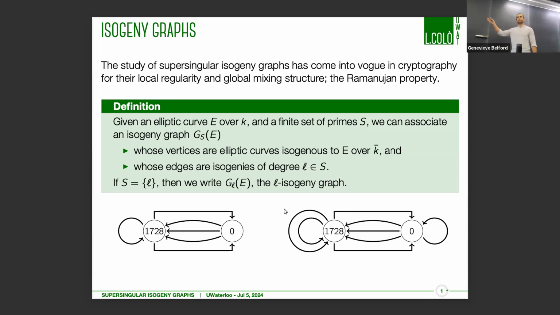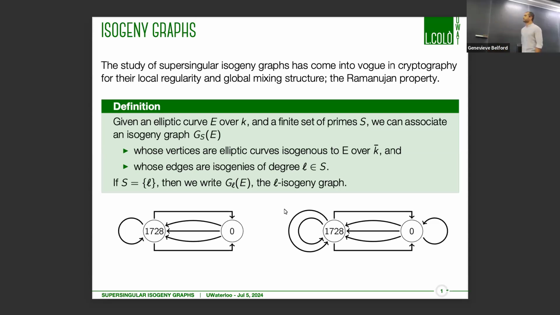So isogeny graphs will be exactly graphs whose set of vertices are isomorphism classes of elliptic curves, which are labeled by their j-invariant. And the maps between them, so the edges between these vertices, are isogenies. And we will normally look at isogenies of a very small fixed degree. So you can think of 2 or 3.